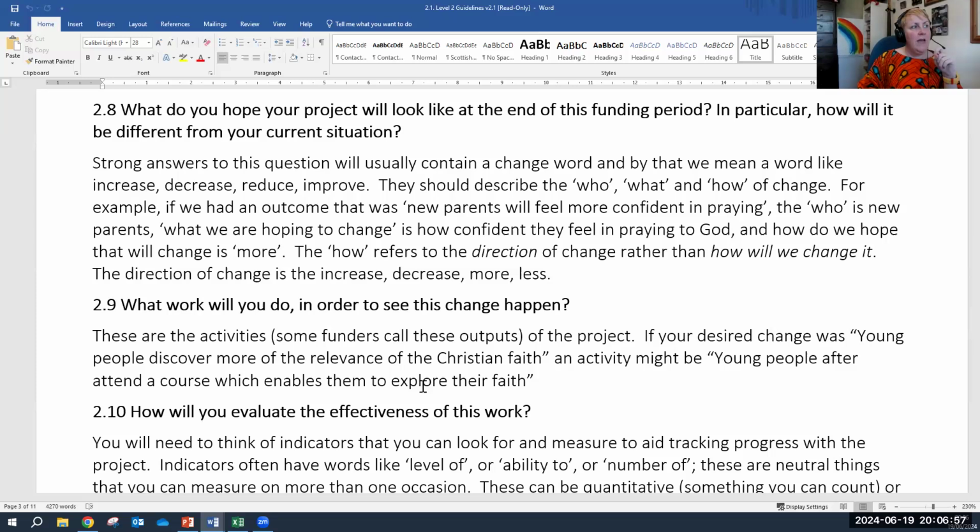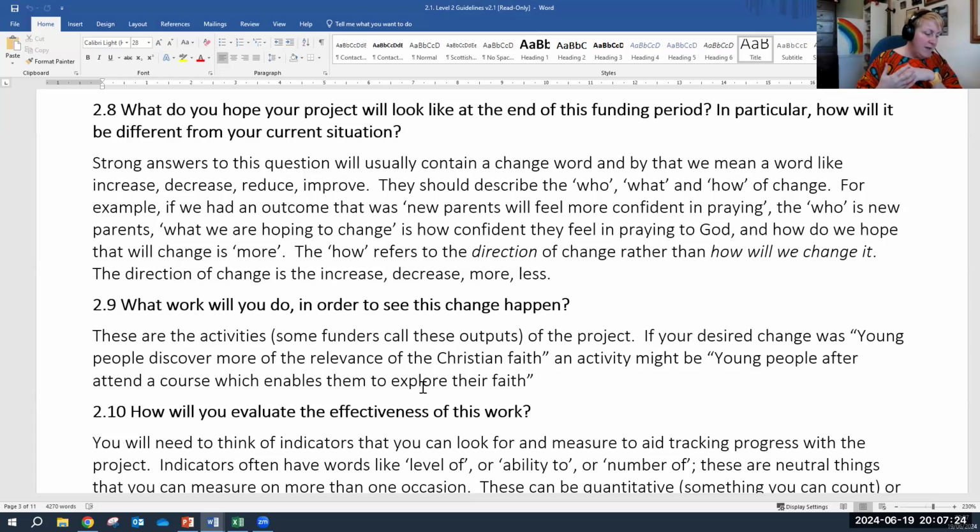For example, if we had an outcome that was new parents will feel more confident in praying, the who is the new parents. The feeling more confident in praying is the change, and the how, or the direction of change, is more. So by describing that change, you've given us the who, the what, and the direction of change.